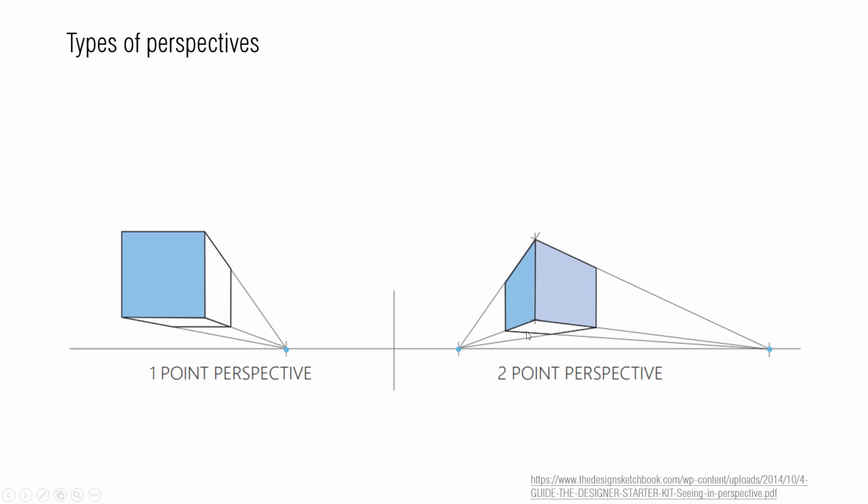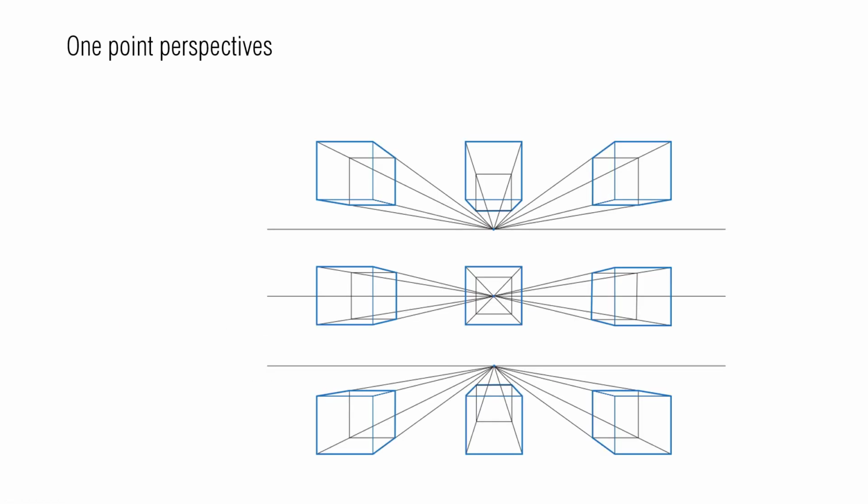You're facing more of a corner or the edge of this building, not directly facing either of these two blue faces. And in a two-point perspective, the parallel lines converge at two points, still on the horizon line.